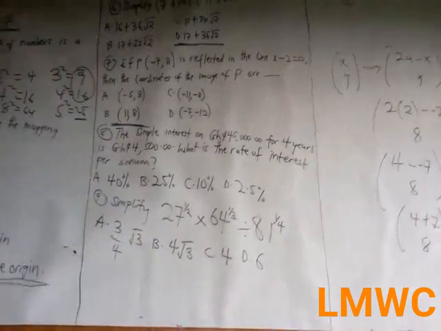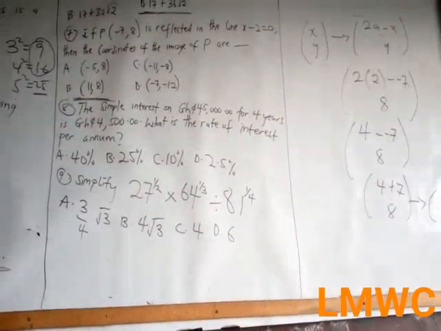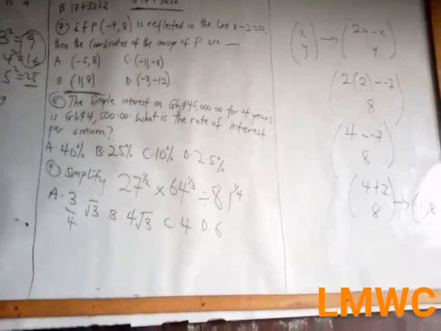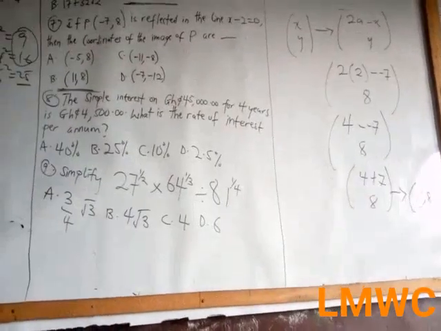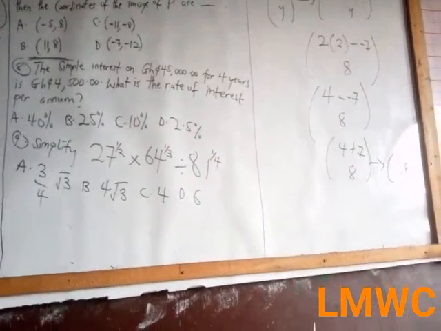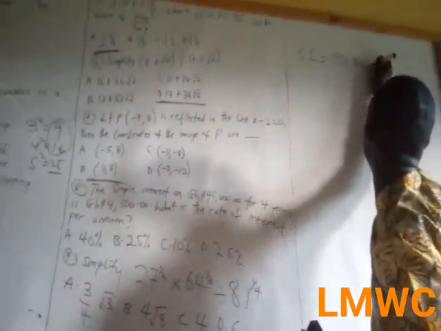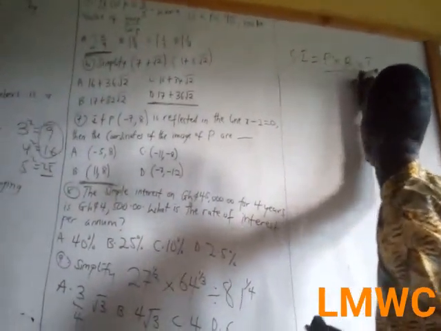Question 8. This is under business maths. The simple interest on 45,000 cedis for 4 years is 4,500 cedis. What is the rate of interest per annum? And now we know the formula for simple interest. Simple interest is principal times rate times time all over 100.